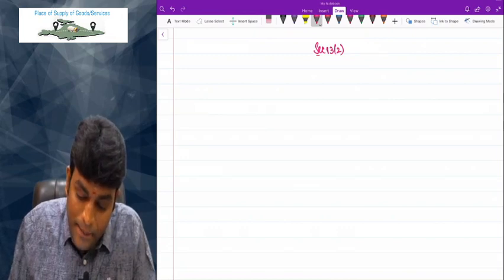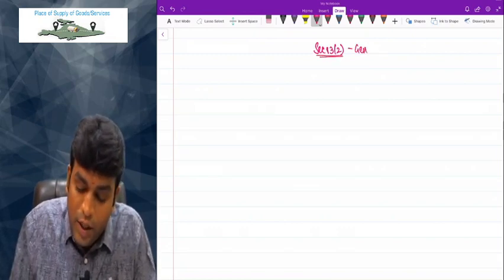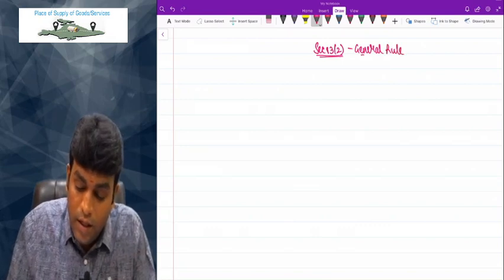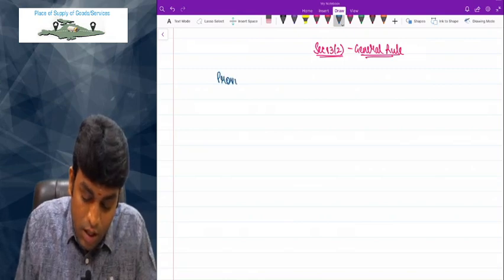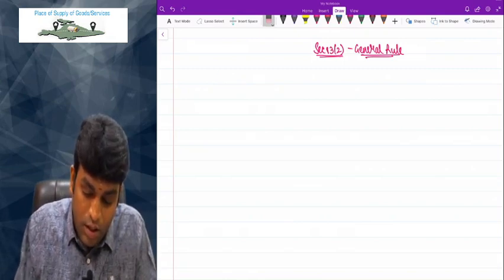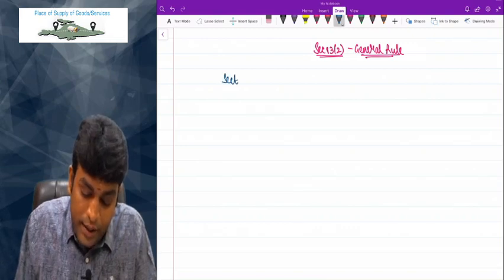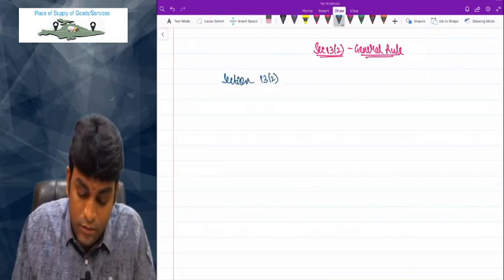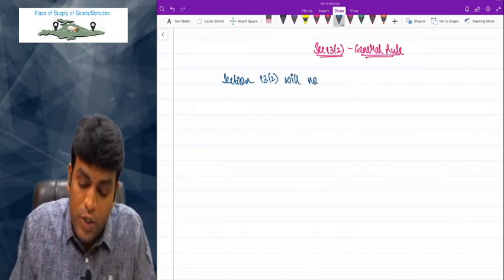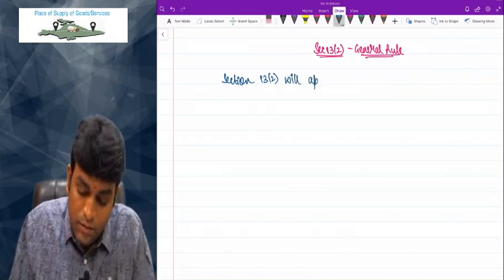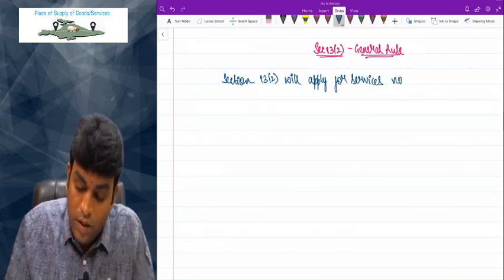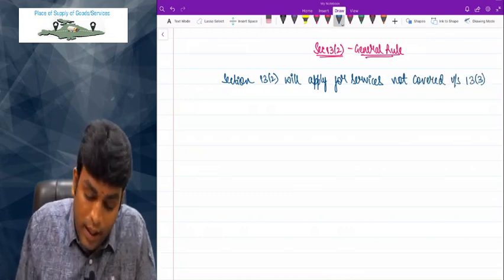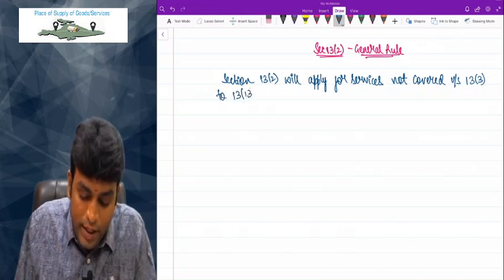And 13.2 is something like general rule, like 12.2 how we learned there, and here 13.2 says section 13.2 will apply for services not covered under section 13.3 to 13.13.